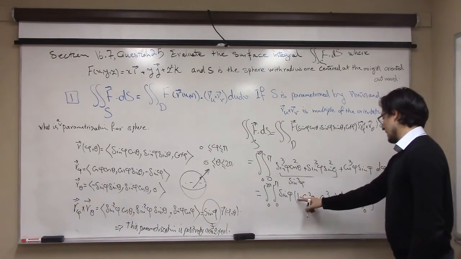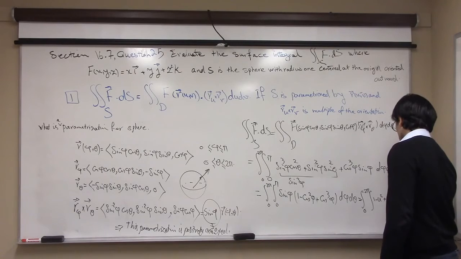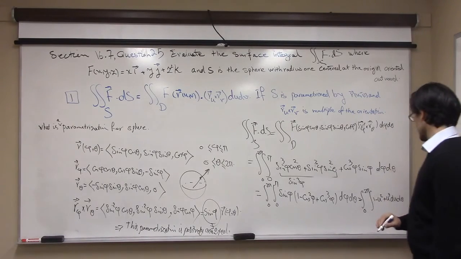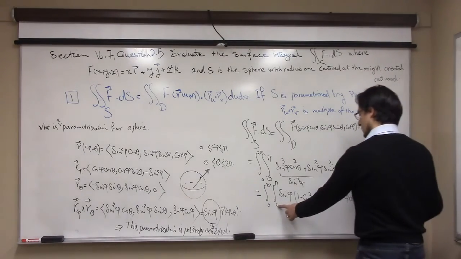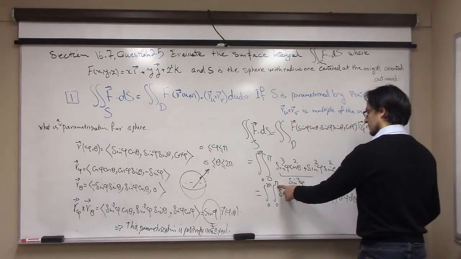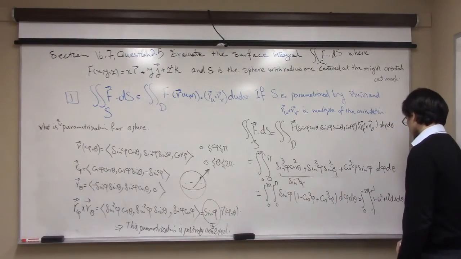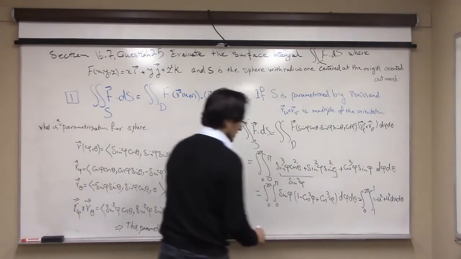And the rest is 1 minus u squared plus u cubed, du d theta. If I plug in phi equals 0, I get 1. If I plug in pi, cosine of pi is negative 1. So everything is there now.